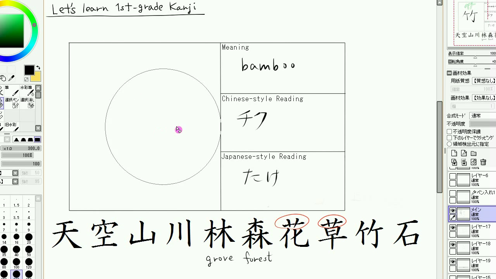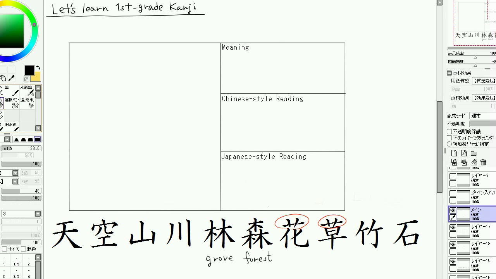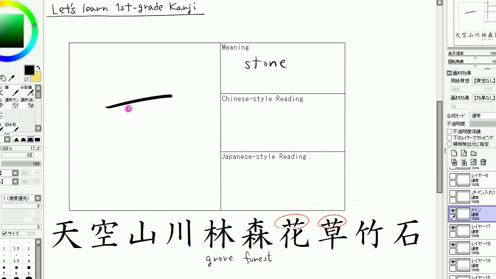Okay, so finally, let's go to the last one. It means a stone. You start from the horizontal line, and you start from somewhere around here, a little bit to the left, and you sweep down to the left, and very touching, you make a box.